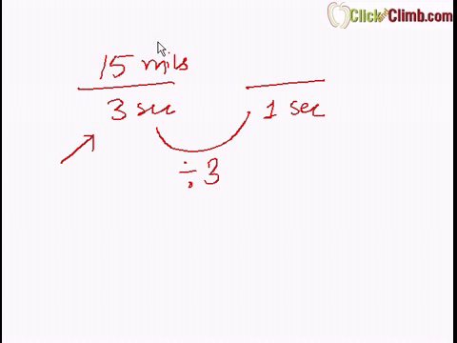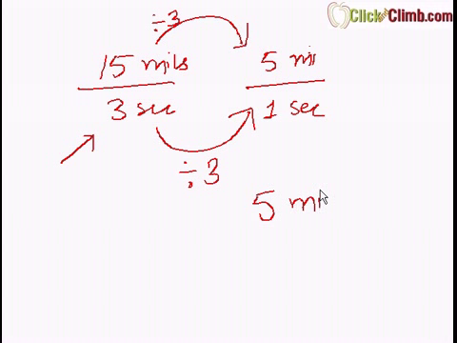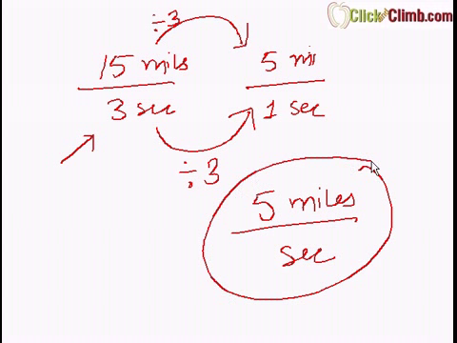I have to do the same in the numerator, that is divide by 3, and I will get 15 divided by 3, that's 5 miles. So now the unit rate becomes 5 miles per second. That means in 1 second it's going to cover 5 miles. This is how we use the unit rates and the rate.